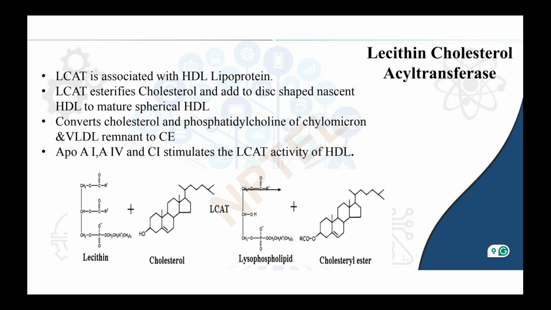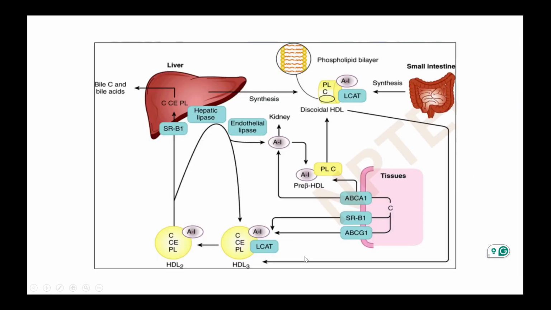So basically, from this lecithin molecule, the fatty acid or the ester group is transferred to the cholesterol, so it becomes cholesterol ester. Okay, so this is the HDL metabolic pathway, where there are two locations: one is the liver and one is the extrahepatic tissue, basically all the tissues other than the liver.